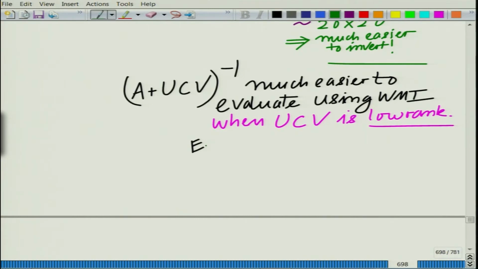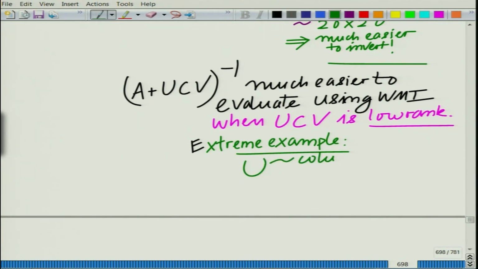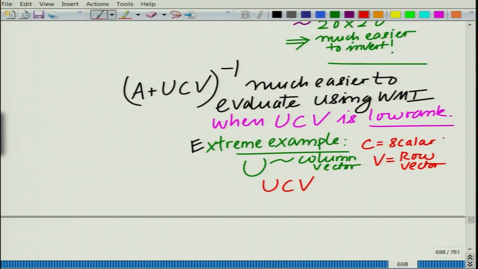An extreme example of this is where you have U equals a column vector and V equals a row vector, and C equals a scalar.